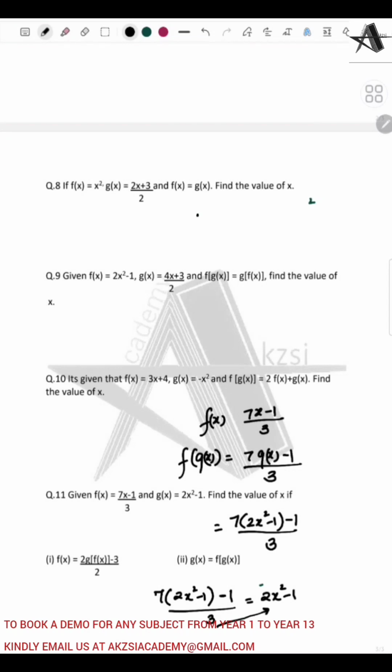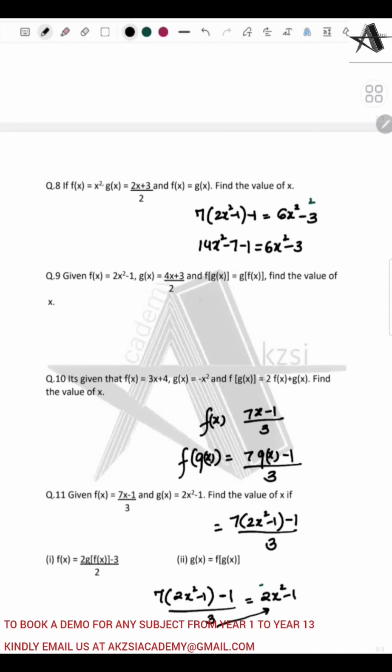So 7 times (2x squared minus 1) minus 1 is equal to 6x squared minus 3. Now this will be 14x squared minus 7 minus 1 is equal to 6x squared minus 3.